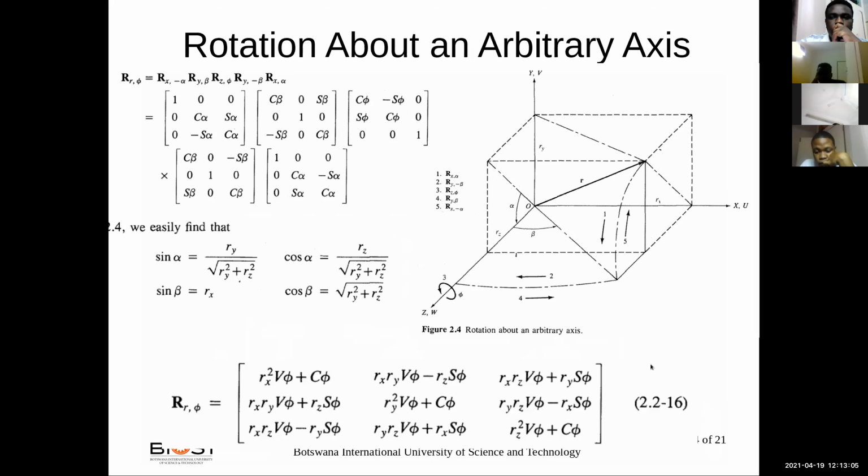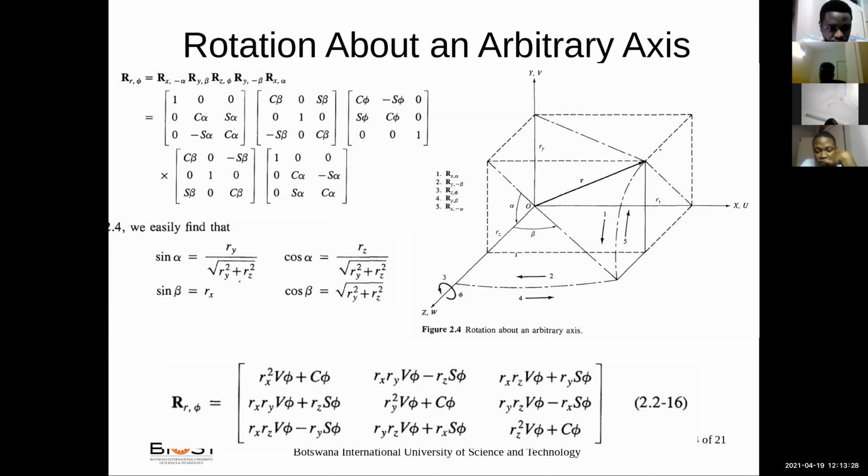Okay, so next, this is a rotation using an arbitrary axis. In this case, the principle is using geometry, but you will see that it can be helpful in computing a rotation about any arbitrary axis.